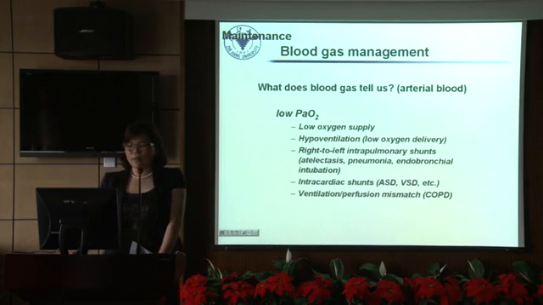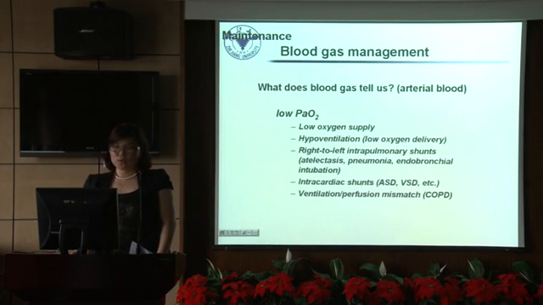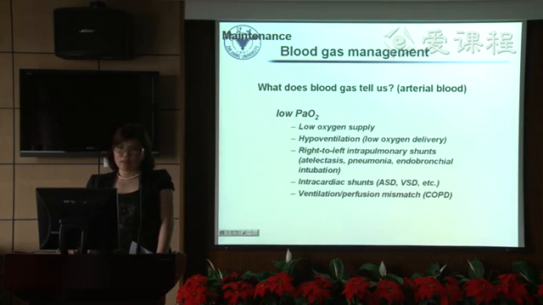According to the blood gas analysis, we can diagnose whether the patient has acidosis or not, and low PO2 or not. If the patient has low PO2, we should find the causes.